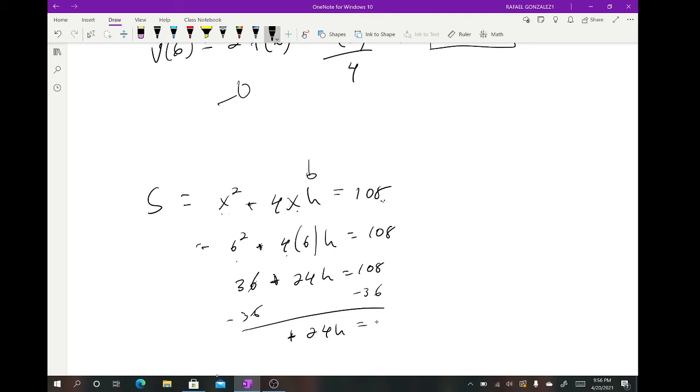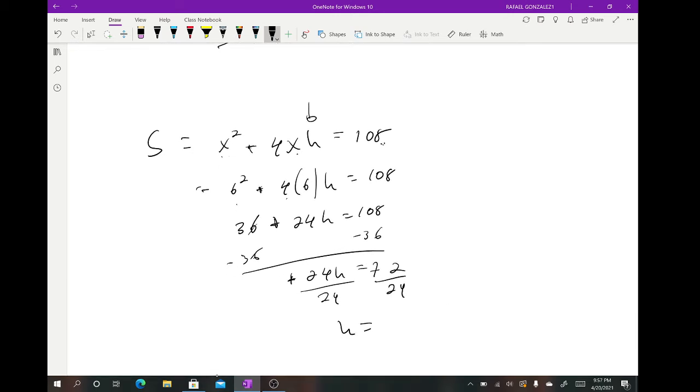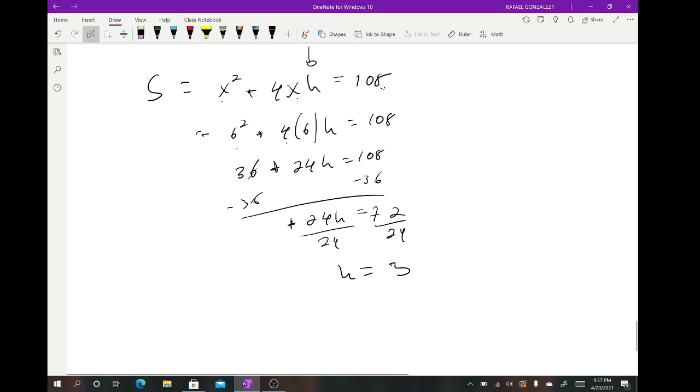So plus 24h, and then this is going to be, I believe, 72. And then you divide by 24, you're going to get 3. So h is equal to 3. So that means that the sides of the box that work are 6 times 6 times 3.